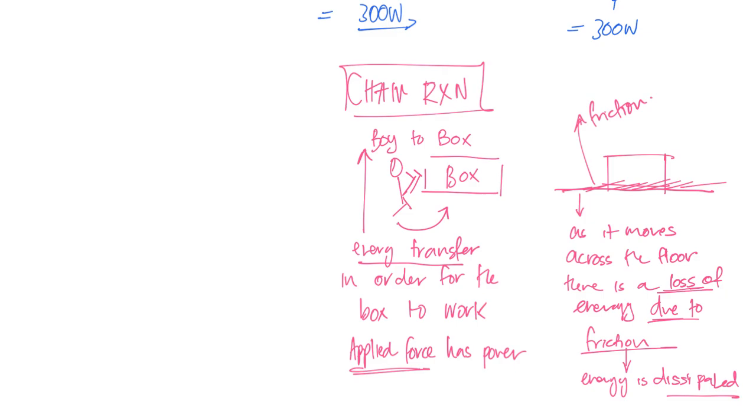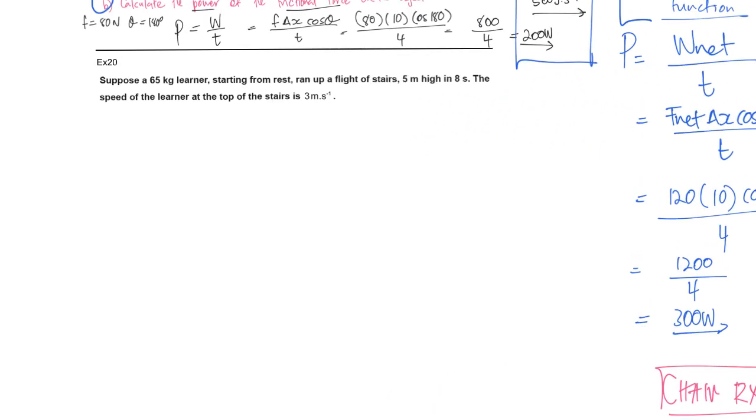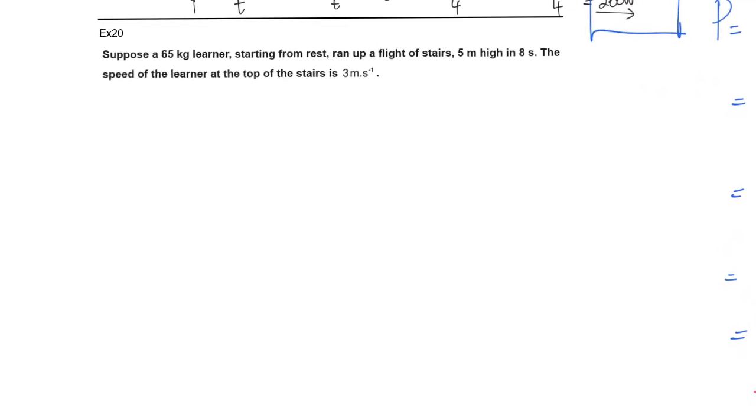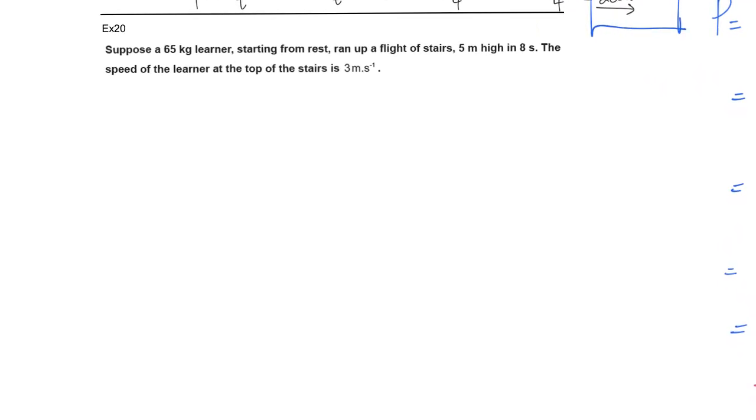All right, let's have a look here at example 20. Example 20 says, suppose a 65 kilogram learner starting at rest ran up a flight of stairs 5 meters high in 8 seconds. The speed of the learner at the top of the stairs is 3 meters per second.